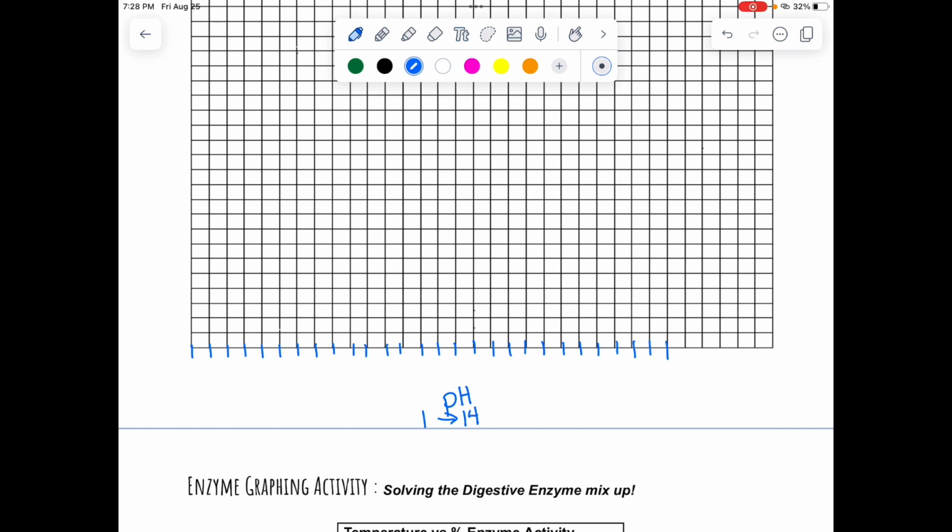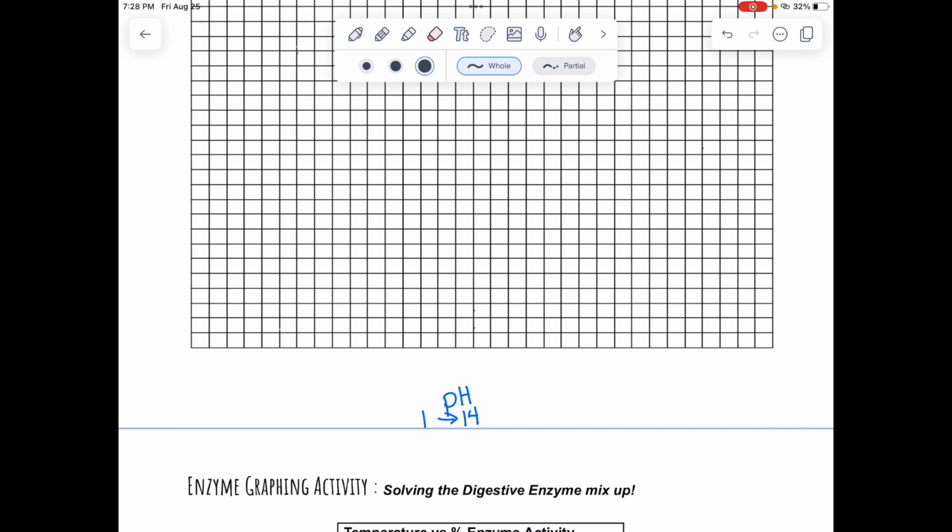And you know what? That's pretty good. 14 times 2 is 28. So because I'm almost to the end here, every 2 spaces, I'm going to put a pH, and that's going to help me use the majority of my graph.